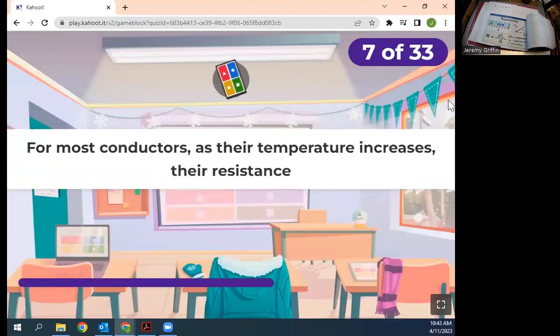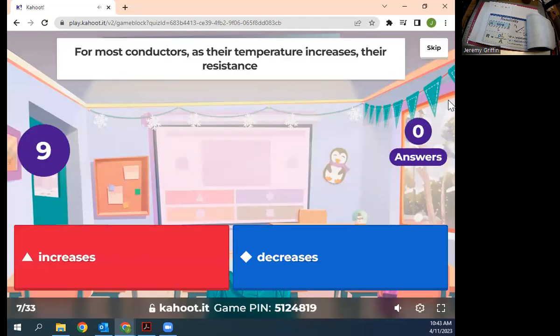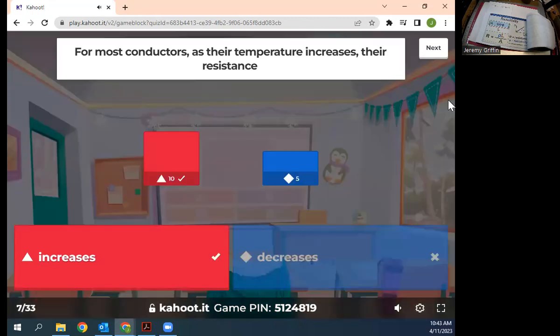For most conductors, as their temperature increases, what do you think happens to resistance? Oh, good call. I didn't actually tell you guys that, but that's true. As you heat things up, it's harder to send a current through. When we get to quantum mechanics, I'll actually show you guys.